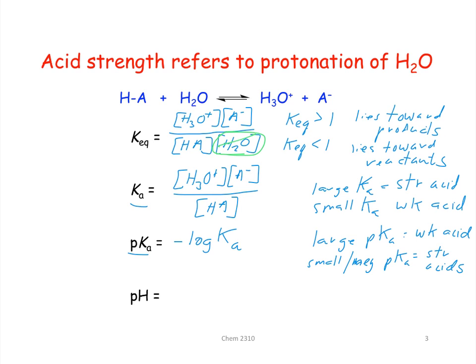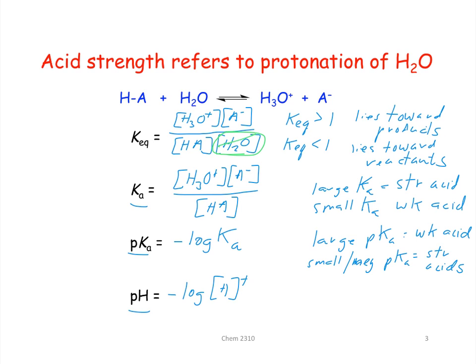Now the pH, even though it's listed in the same form as the pKa and is still a log scale, represents something different. The pH equals minus the log of the hydrogen ion concentration.